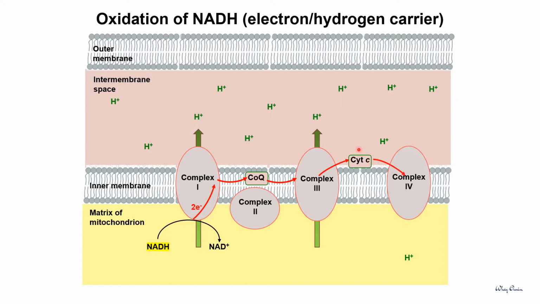And now the reduced cytochrome C increases in free energy, which makes it unstable, so they will pass the electrons to the last electron carrier of the ETC, which is complex 4. So redox reaction occurs again because cytochrome C becomes oxidized and complex 4 becomes reduced.